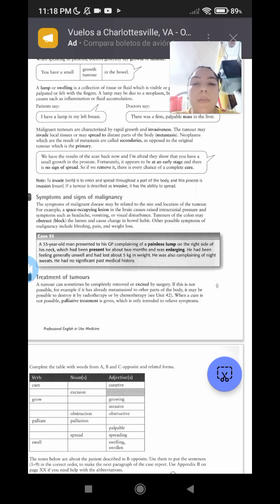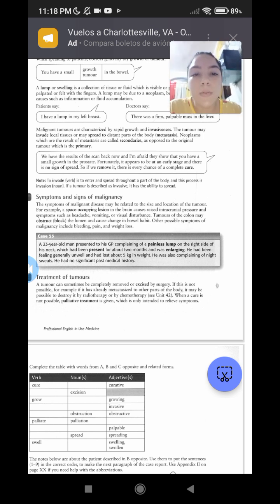We have the results of the scan now, and I'm afraid they show that you have a small growth in the prostate. Fortunately, it appears to be at an early stage, and there is no sign of spread.